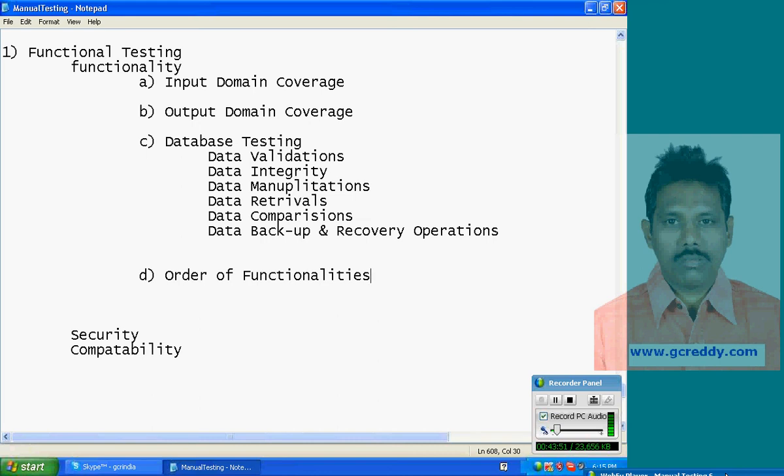Otherwise you can compose mails. Next, replying to mails. Just viewing mails, reading mails. Next, reading and replying. Otherwise, just composing mails. Next, sign out. This is the order of functionalities.